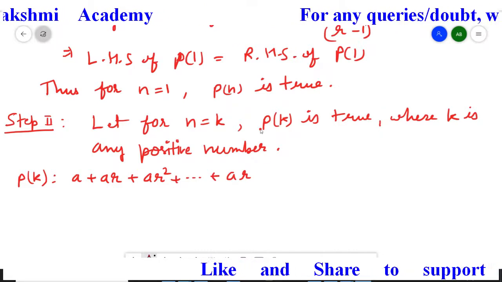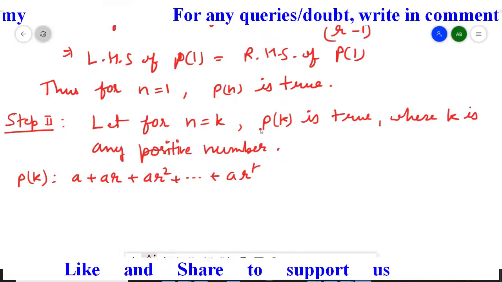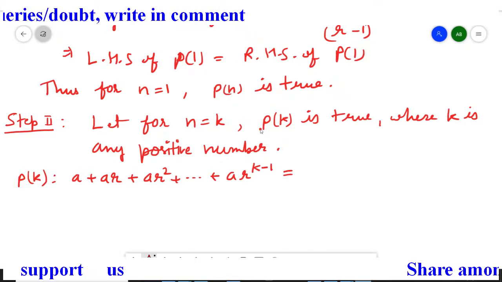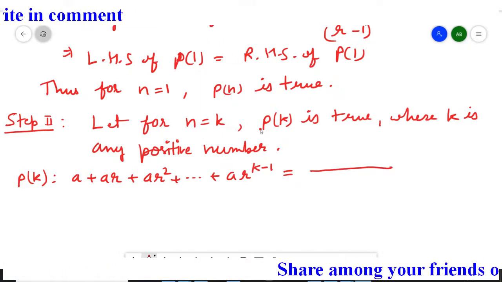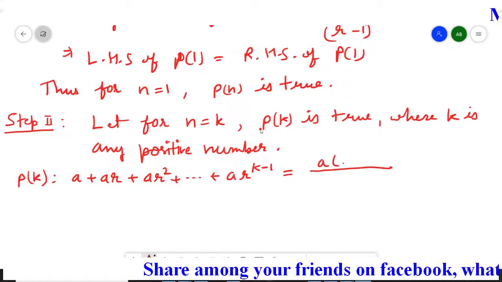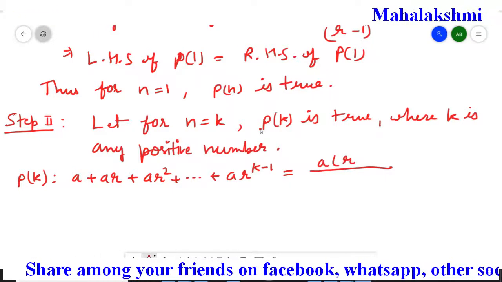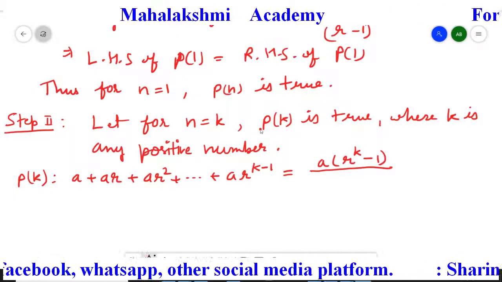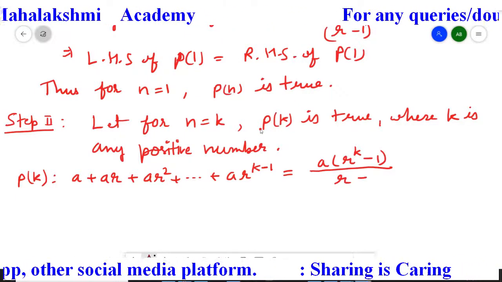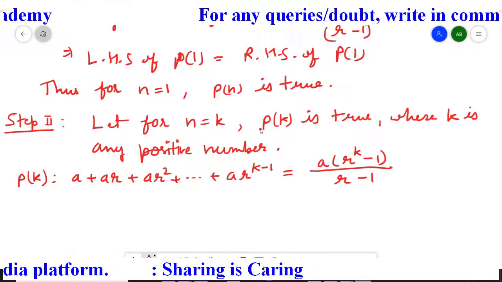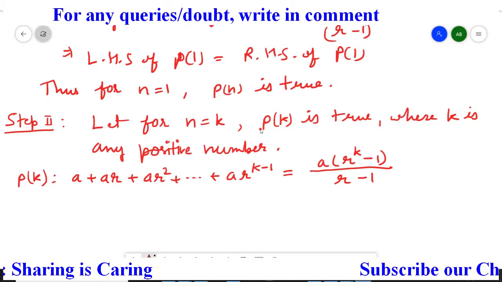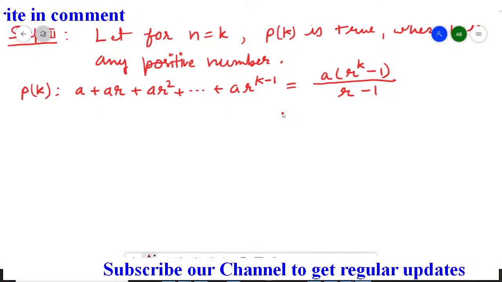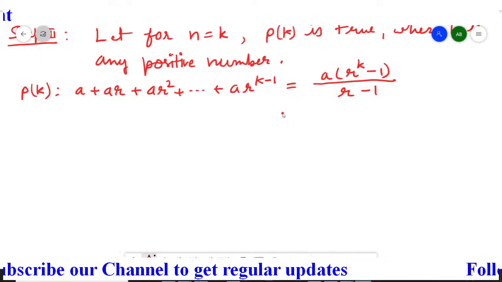In the question we have n minus 1, but instead of n we write k, so it's going to be k minus 1, equal to a(r^n - 1) divided by r minus 1, but instead of n we write k: a(r^k - 1) divided by r minus 1. So we got the P(k) statement. Now with the help of this statement we are going to show that the P(k+1) statement is true.